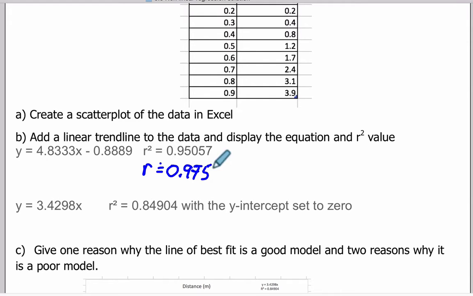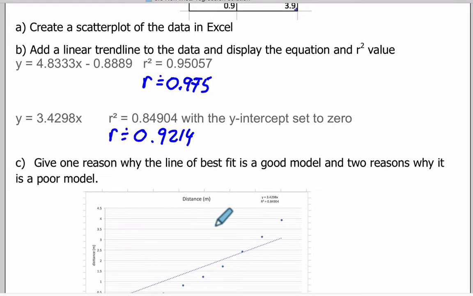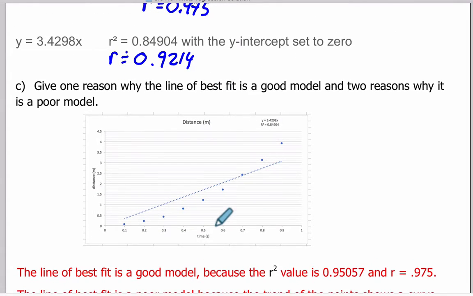So when we do that, we end up with an r-squared value, the coefficient of determination, of 0.84904 is what was returned to us on using the trend line. If we take the square root of that, it comes out to be approximately 0.9214. And that looks like a pretty good correlation coefficient until you start to take a look at the data.